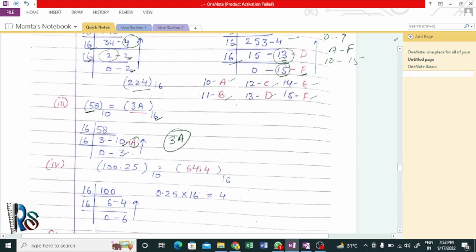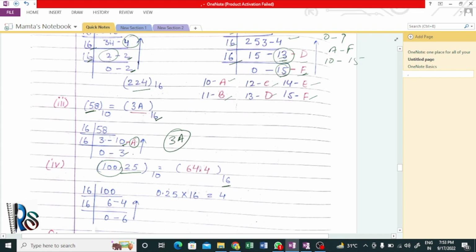Then a fractional number is given, 100.25 in decimal, and we need to convert this number into hexadecimal. So what will we do? The part which is to the left of the decimal point, we will divide that by 16. Same procedure we will follow. So from here we get the remainders 4 and 6.